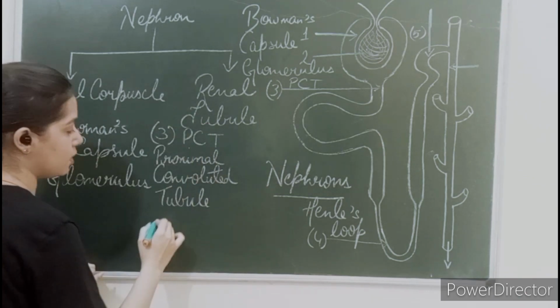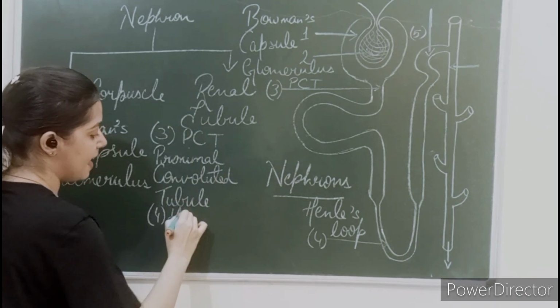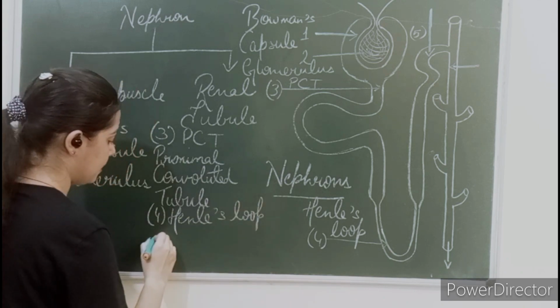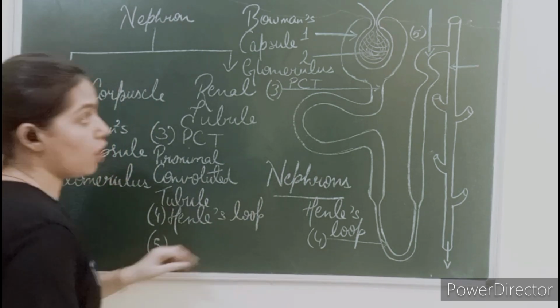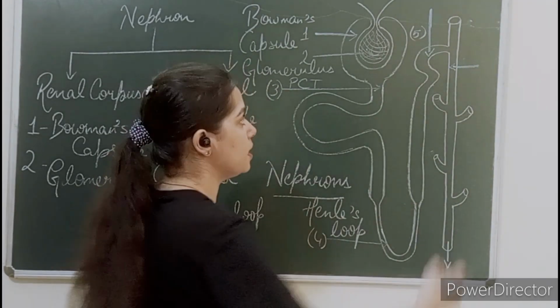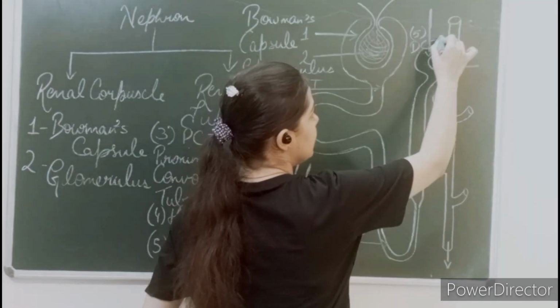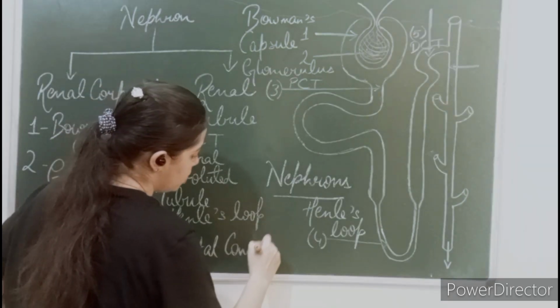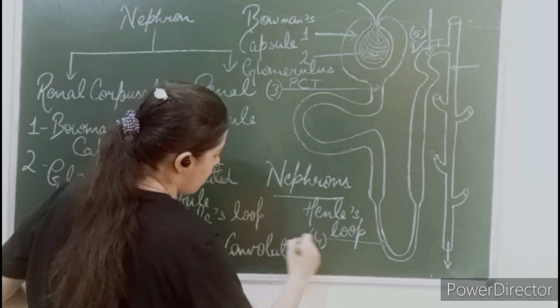So the fourth part of the renal tubule is Henle's loop, followed by the fifth part. It's also a convoluted tubule, and the end of this convoluted tubule is called DCT. Here D stands for distal convoluted tubule.